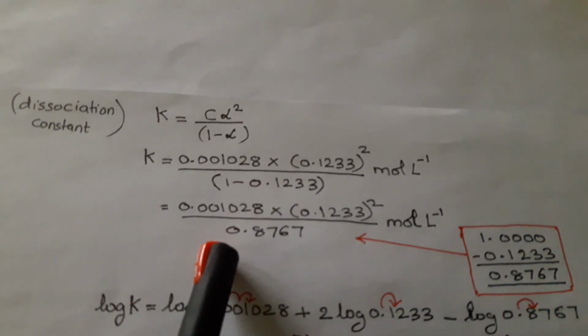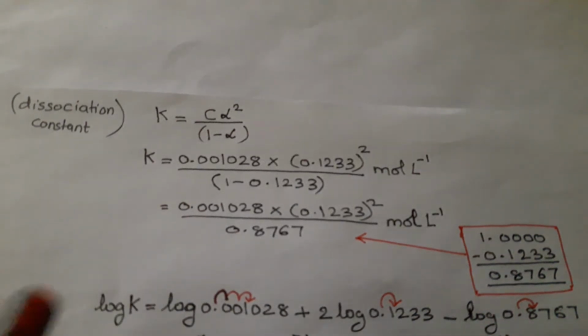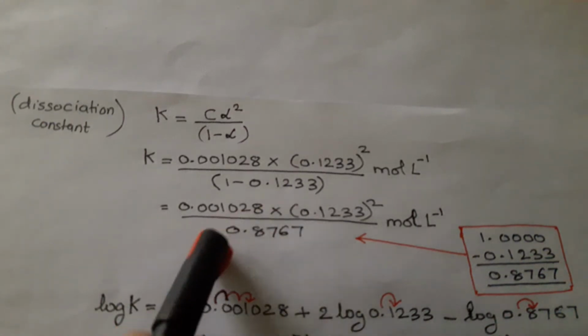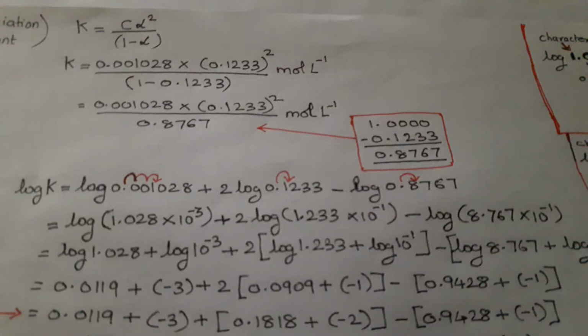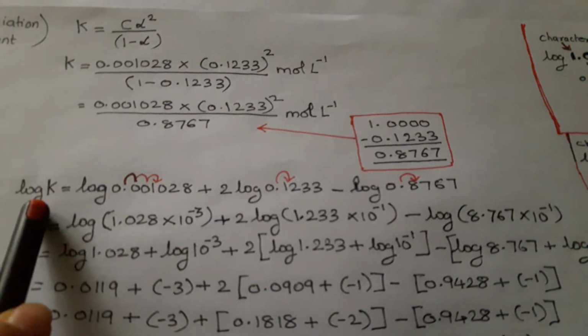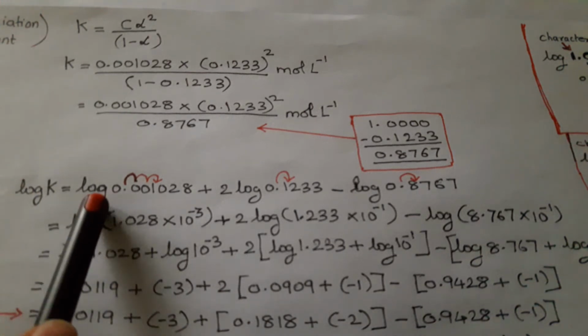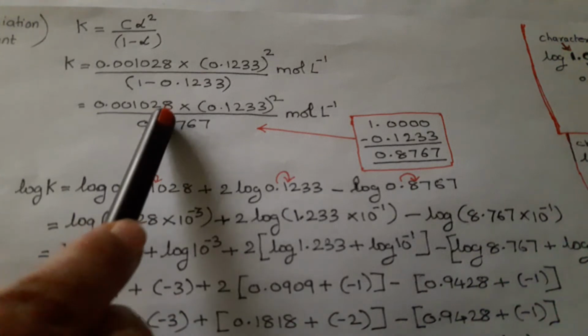Now we substitute the value of alpha in the equation to get the dissociation constant K, and after substitution we get the value as 0.8767 in the denominator's place after subtraction. We will solve it using log. So we write log of K is equal to log of 0.001028.